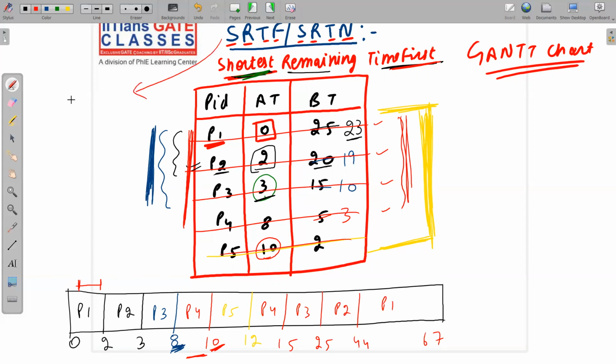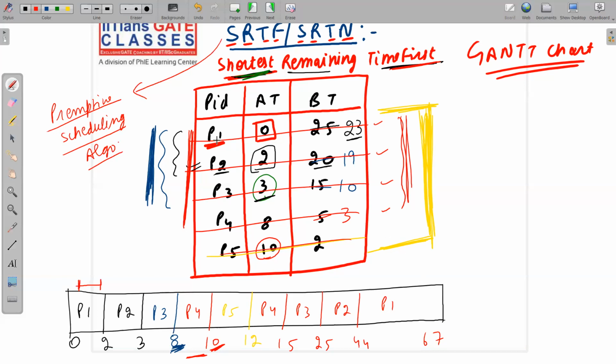SRTF or SRTN is a preemptive scheduling algorithm. Why do we call it preemptive? Because the process has not been executed completely, but still the CPU has been snatched from it and given to another process. Snatching means preemption.